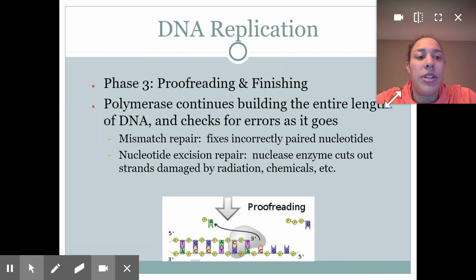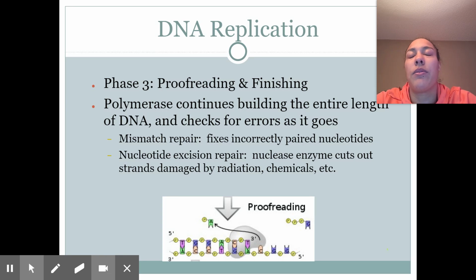I said before, DNA polymerase has multiple roles. So DNA polymerase 1 is actually going to go through and do some proofreading, check for errors, and then make some corrections if there's anything wrong. That's called the enzyme nuclease, or a nucleotide excision repair process.